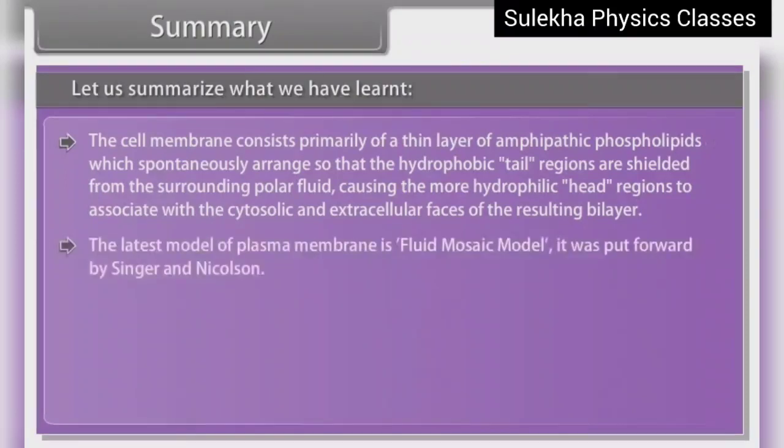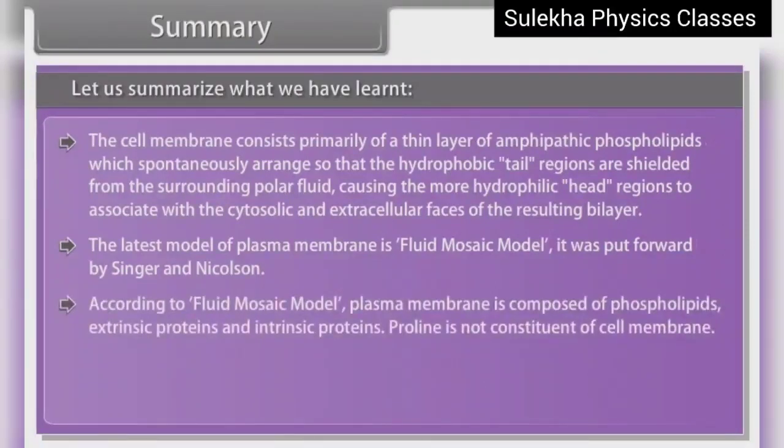The latest model of plasma membrane is the fluid mosaic model. It was put forward by Singer and Nicolson. According to the fluid mosaic model, plasma membrane is composed of phospholipids, extrinsic proteins and intrinsic proteins.